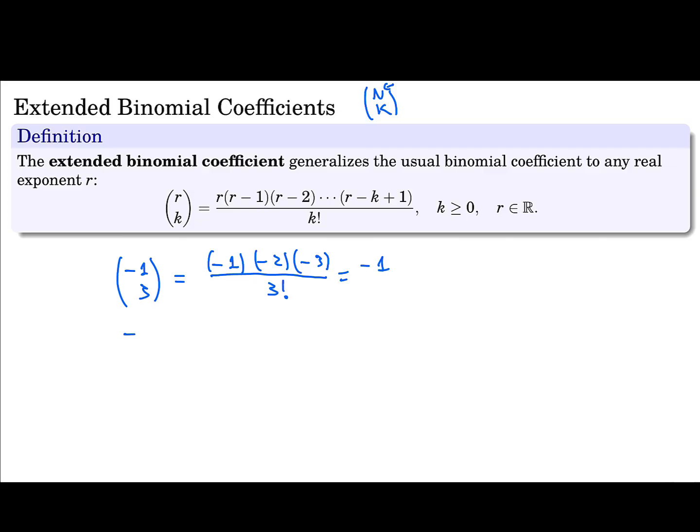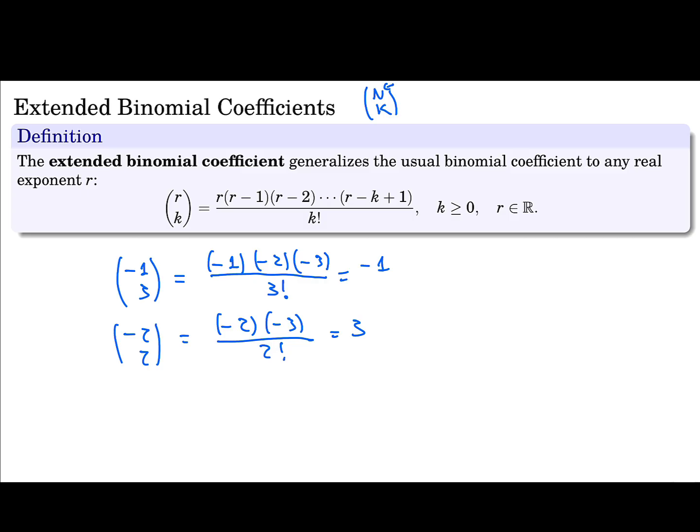Another example is, what about minus 2 choose 2? So this will be minus 2, and then you go 1 down, times minus 3, divided by 2 factorial. And this will just give you 3. So this is just to show that when these are negative numbers, you can get a negative, you can get a positive.